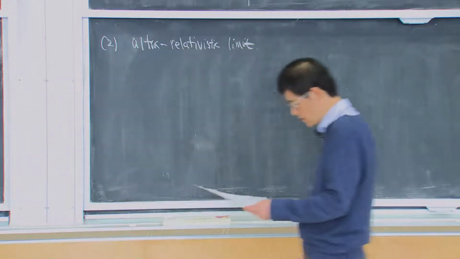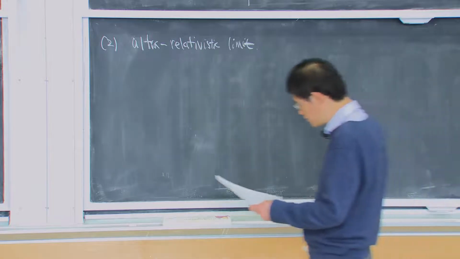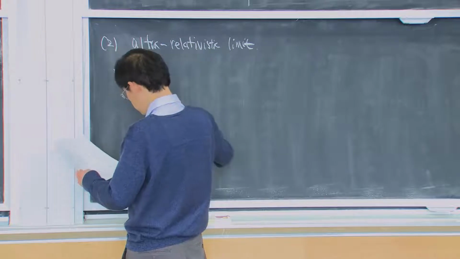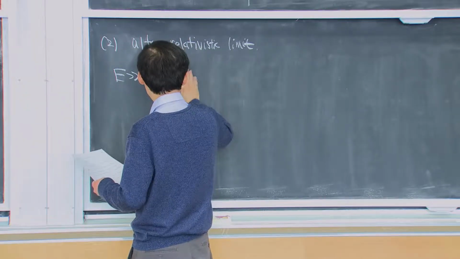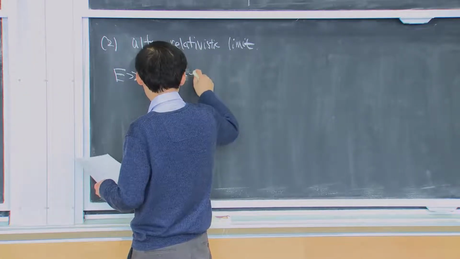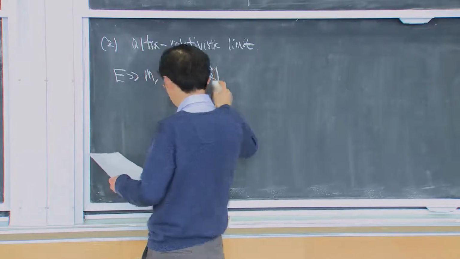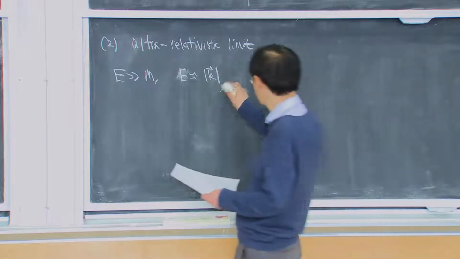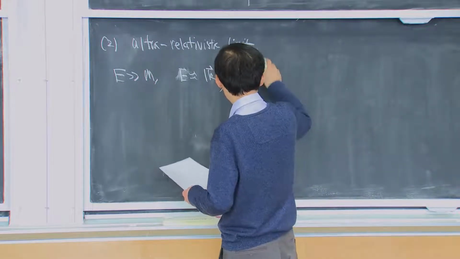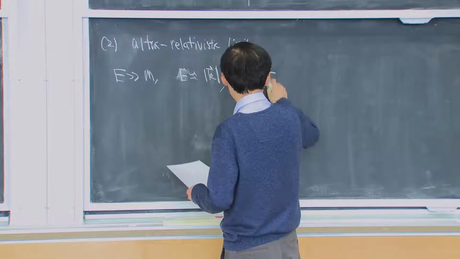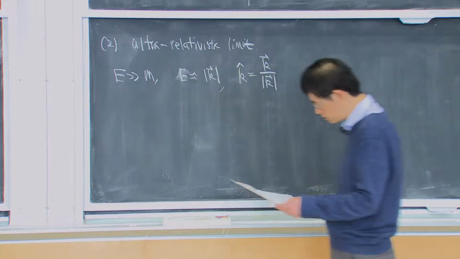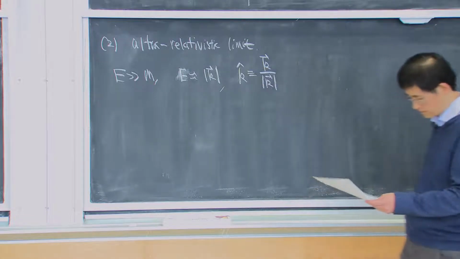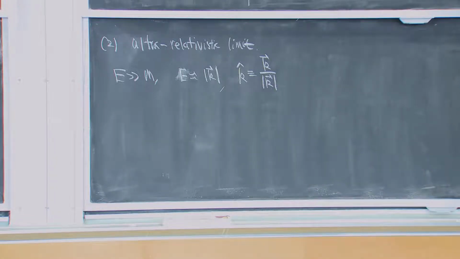This is a limit in which the energy E is much greater than M, and E will be approximately the magnitude of K. Now let's also define the direction of K by K divided by its magnitude. So we introduce K hat, a unit vector along the direction of K.